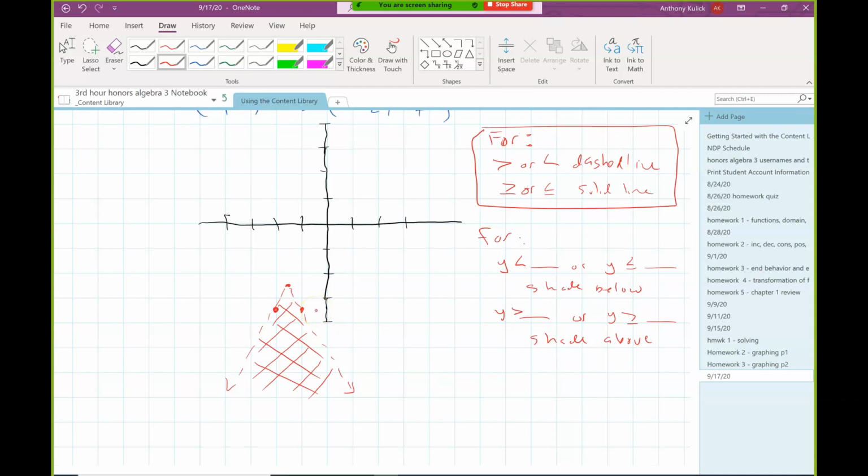So on this graph, when I do my shading, I'm just going to draw it like this. In fact, I probably should have used a different color other than red because it's now getting blurry with the dashed lines. Let me do that real quick. It's easy enough to get rid of it.